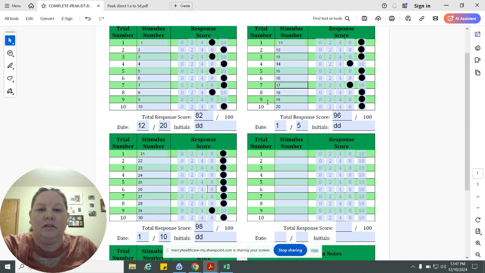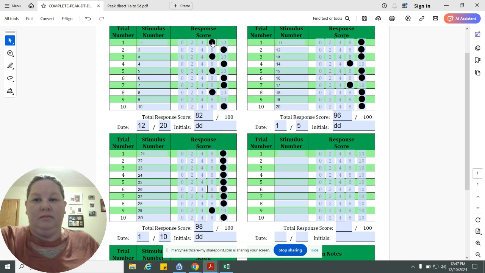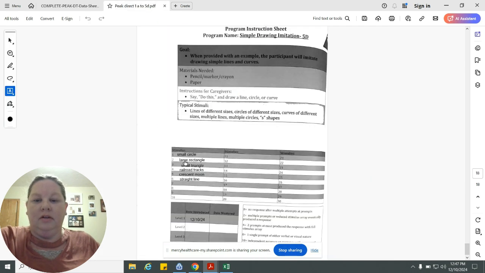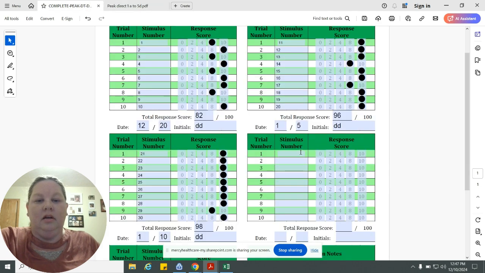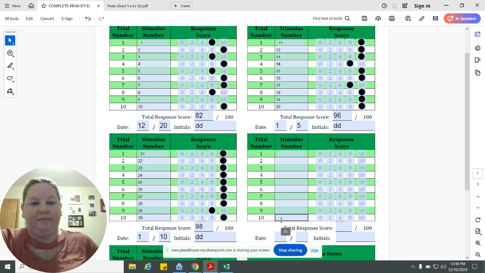Because these 30 are already run by that time, this is the time to go back through and look at which ones they were struggling with. Then you can highlight them here. If they're having troubles with the smaller ones, then we can go back to this and write those ones in again, or write in the stimulus numbers of the programs you would like to see run.